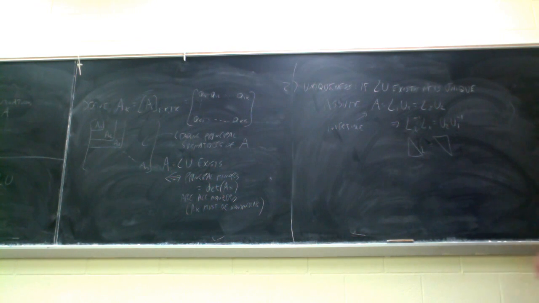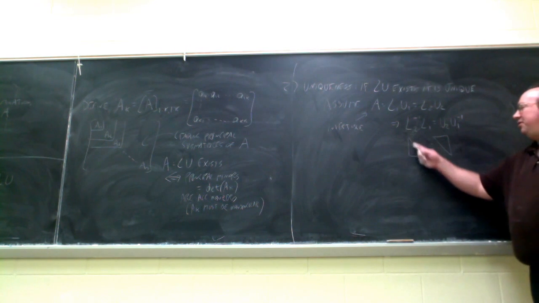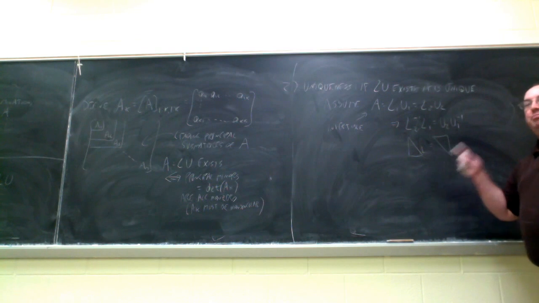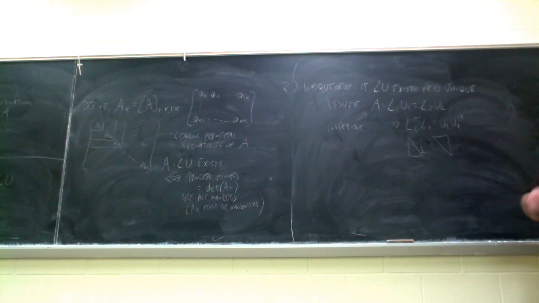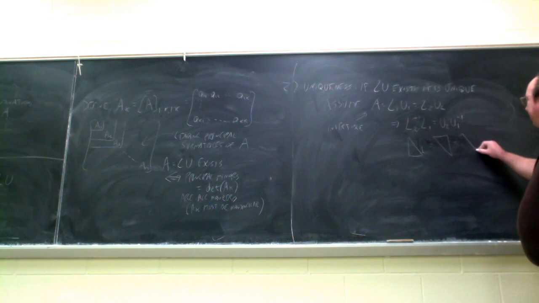Now, if you have an upper triangular matrix equal to a lower triangular matrix, what must be true of the matrix in general? It's diagonal, because the only entries that are non-zero on both sides are the diagonal.